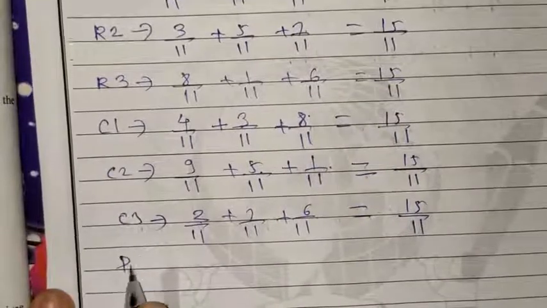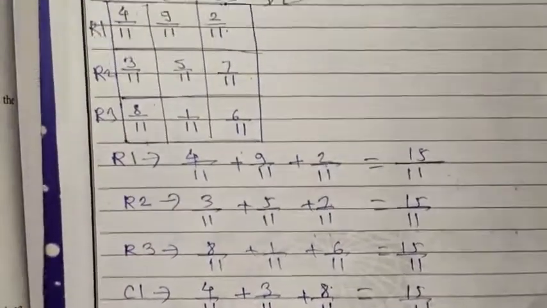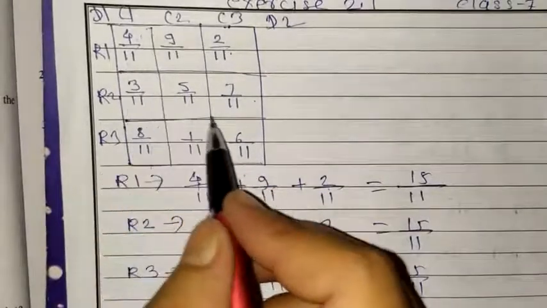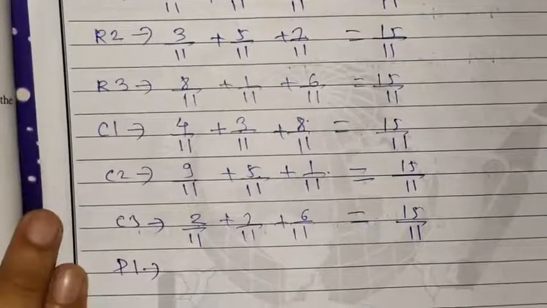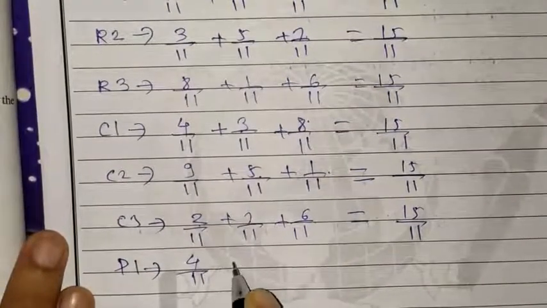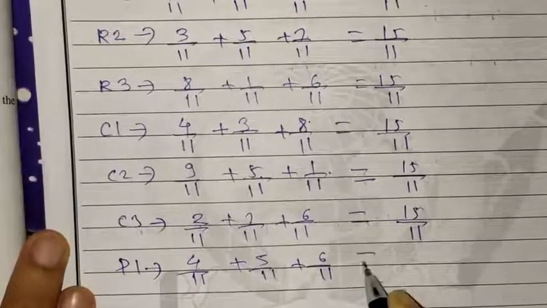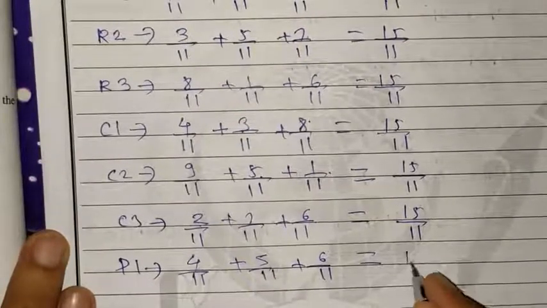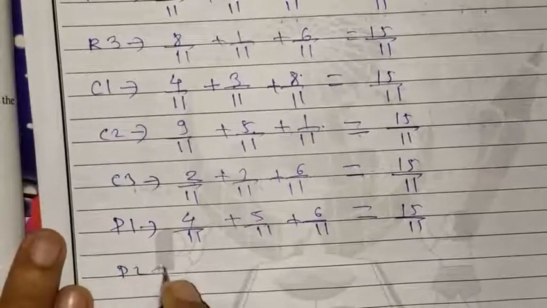Now we will solve diagonal 1. In the first diagonal these are the values, so you have to write them: 4 upon 11 plus 5 upon 11 plus 6 upon 11. Their addition is again the same. Then in the same way, the second diagonal.